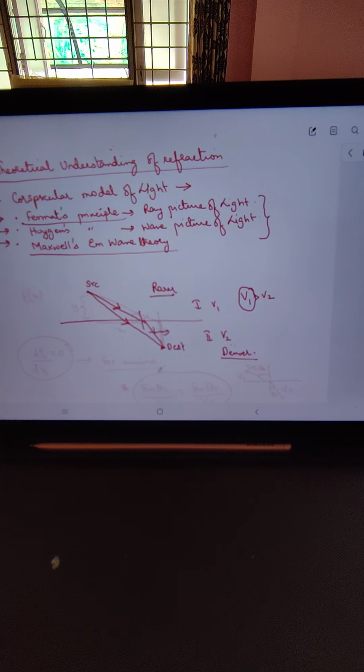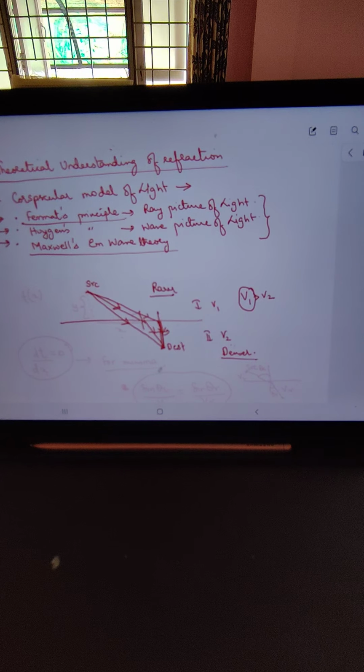Now you would expect that, let us say, it travels to this point and then just goes right over here. However this appears, will this take the least time? We don't know. But all we are saying is, in this medium it is traveling the shortest path over here.